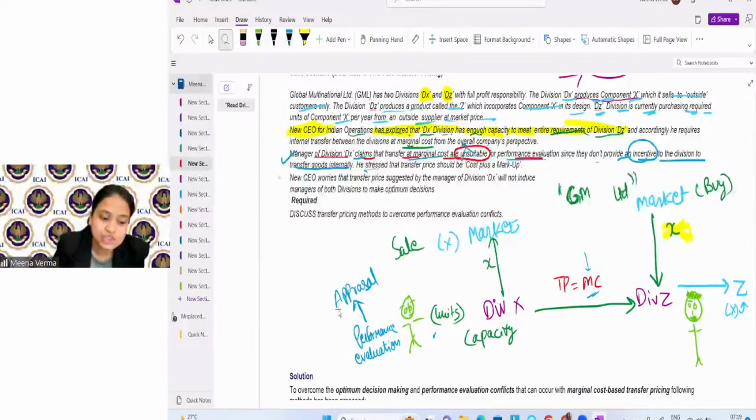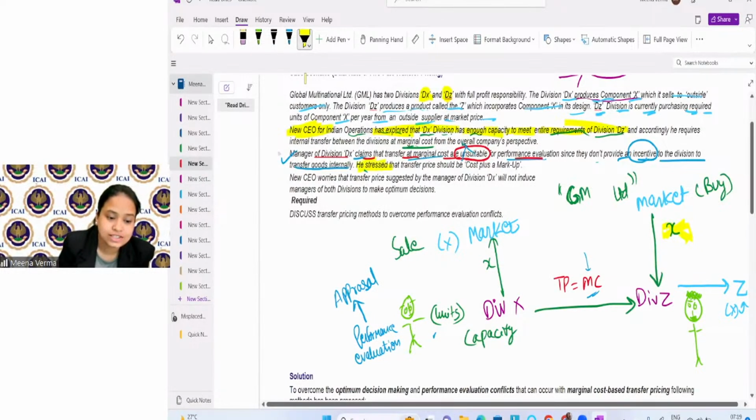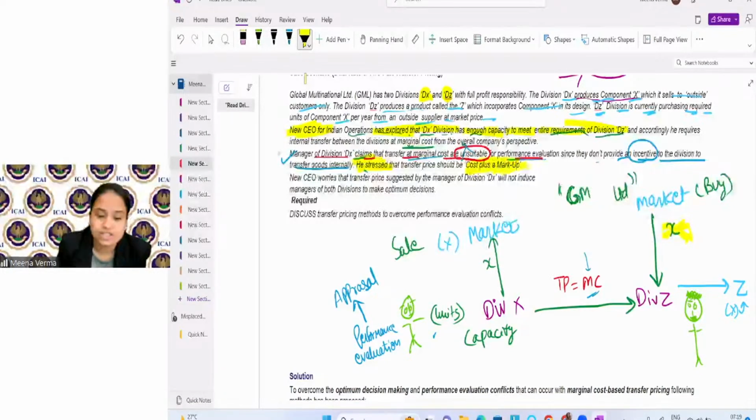Okay. He stressed that the transfer price should be cost plus markup.